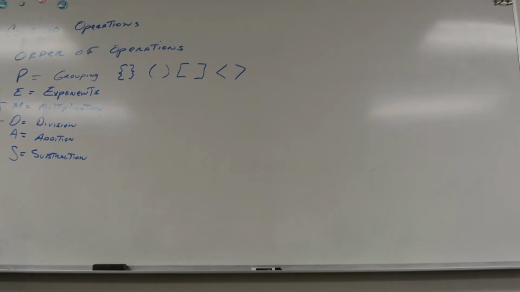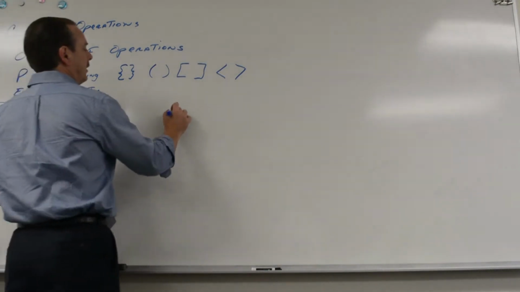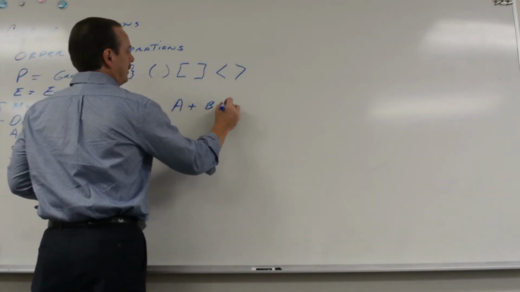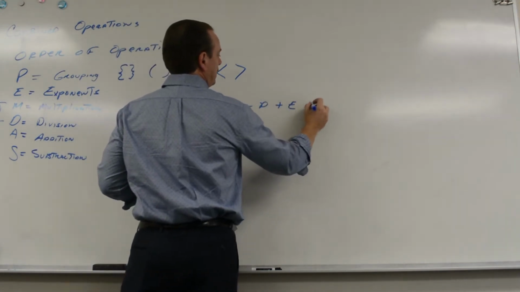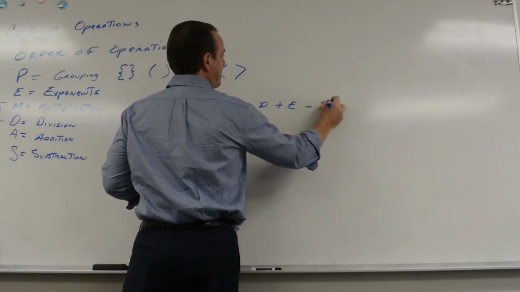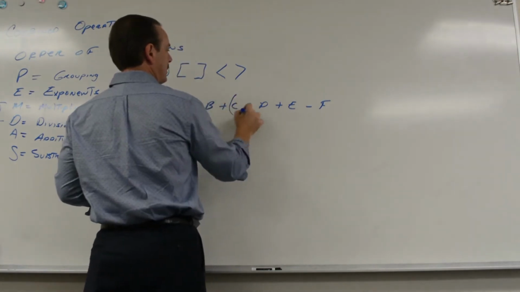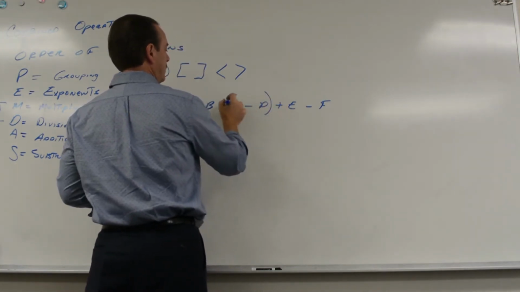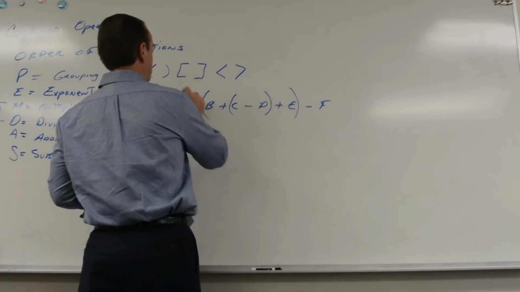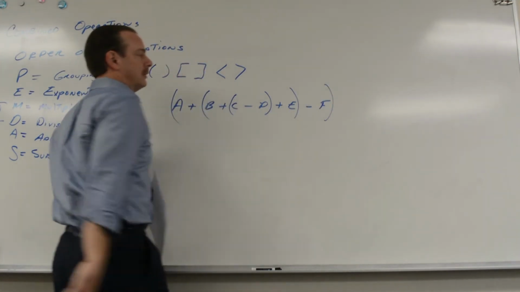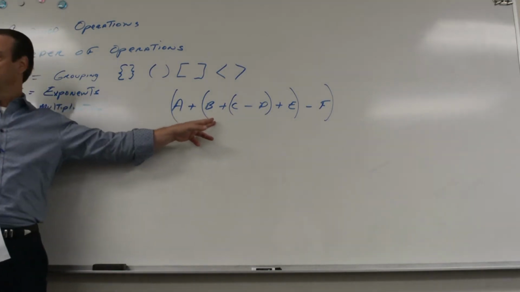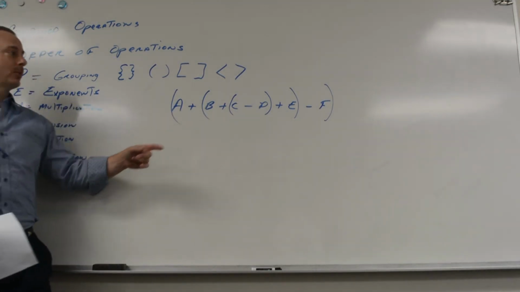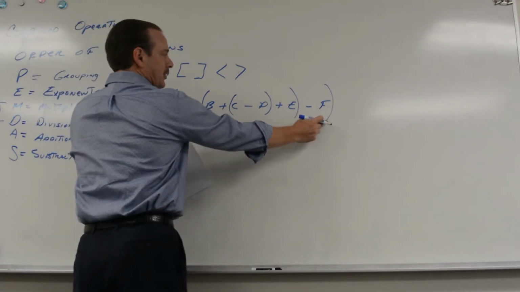Let me ask you a question. What if we had something that looked like this? You would start with the same line. We've got a series of groupings here. First we're going to go here, because this is our first grouping.